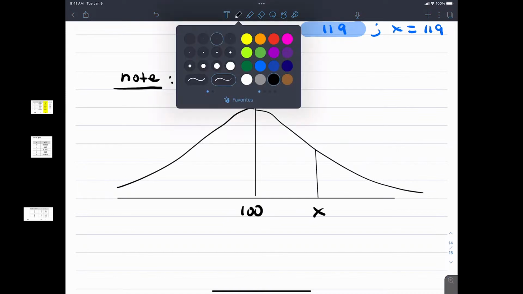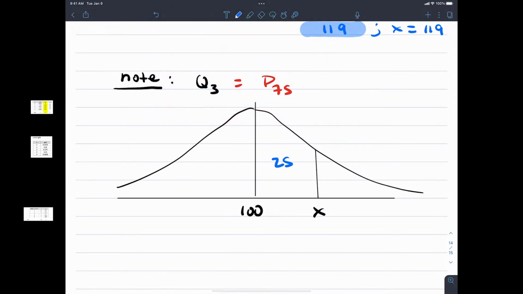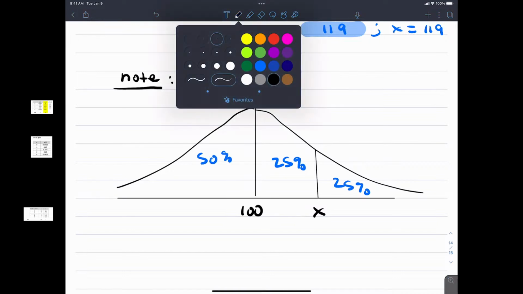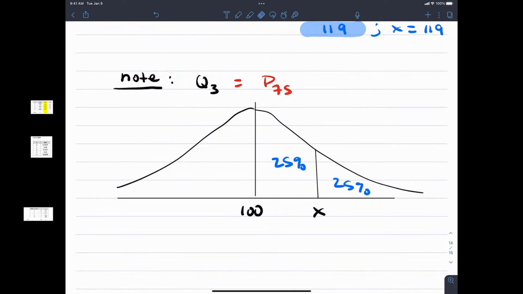So you might say, okay, what's happening here? Well, isn't there a value of x between, you see this 25, 25, 25? Isn't this 50% over here?